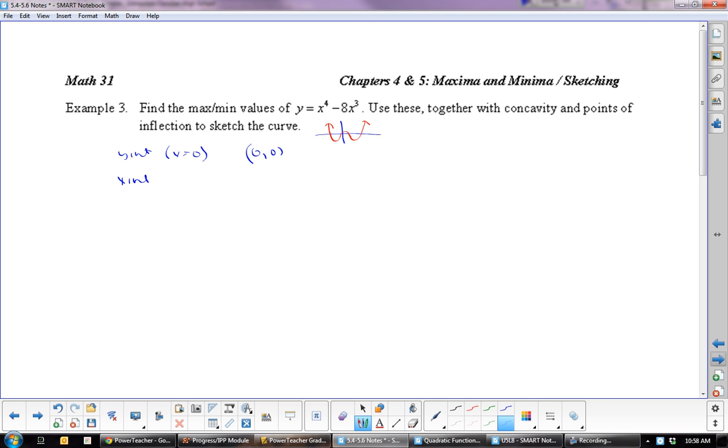The x-intercept, that's when y equals 0. So 0 equals, I'm going to take out a factor of x cubed, which leaves x minus 8. So that's at x equals 0 and 8. I want to plug that into the equation.